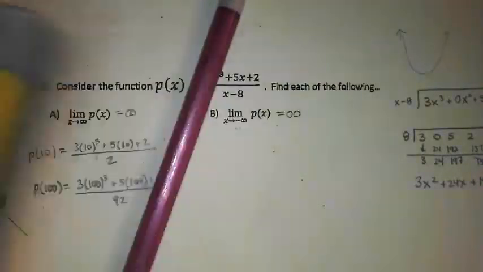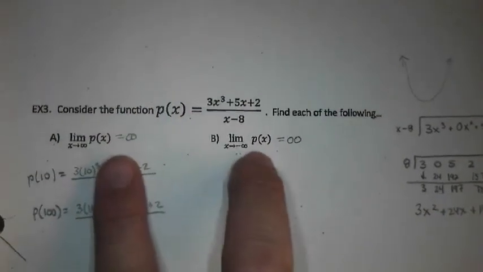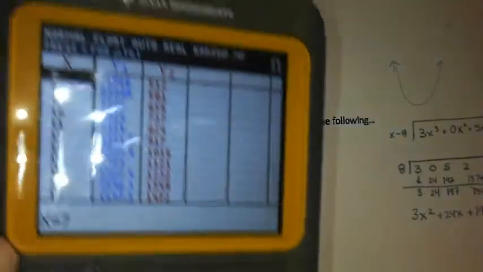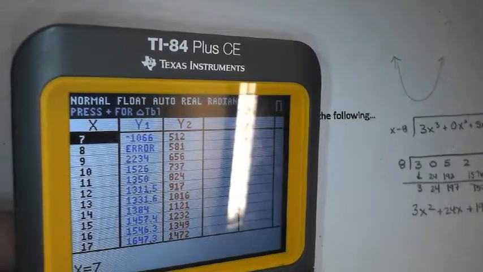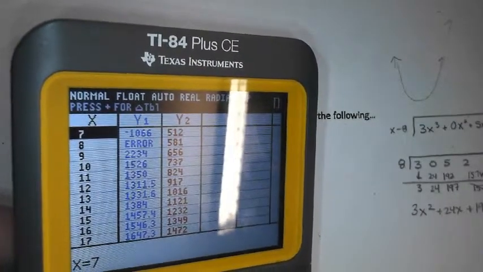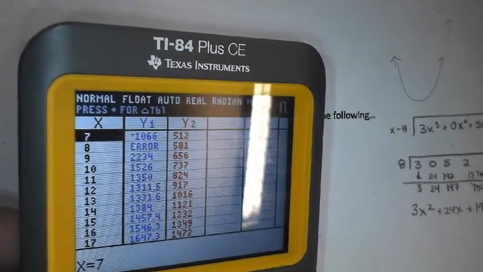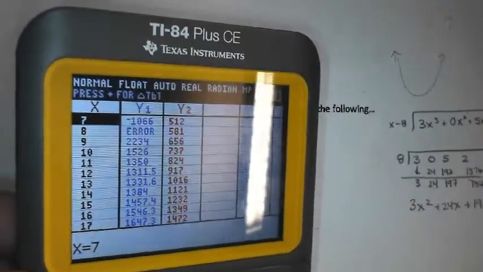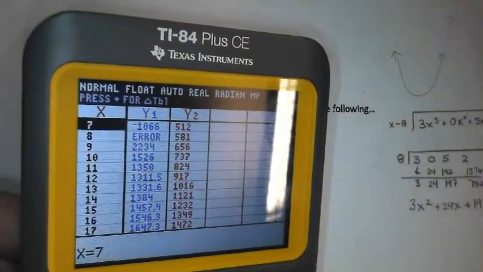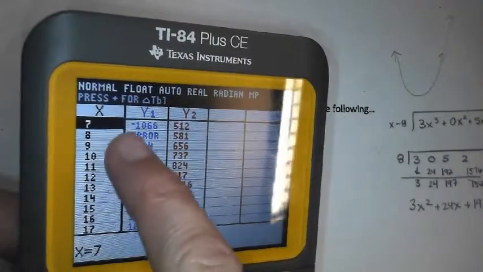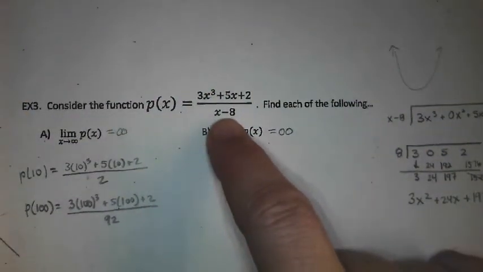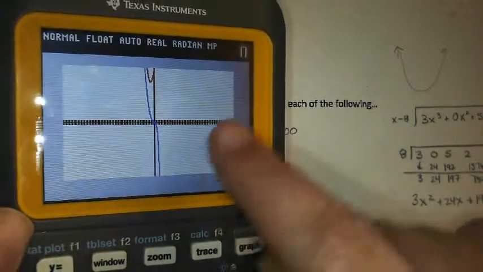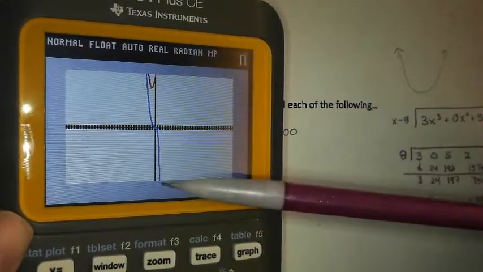The good news is, I think we're right. And the better news is, you don't have a calculator to confuse yourself when this happens, and this is why having a calculator in your hand can be mind-boggling, because you really have to think through and figure out what window would be appropriate. So the asymptote is at 8. As we get closer to the asymptote, it is shooting off towards negative infinity.